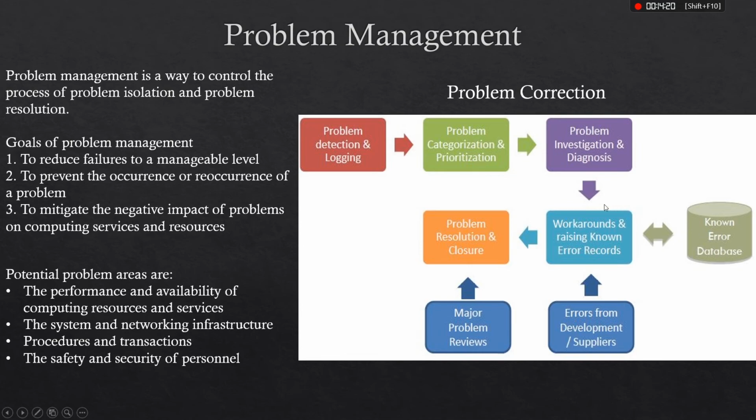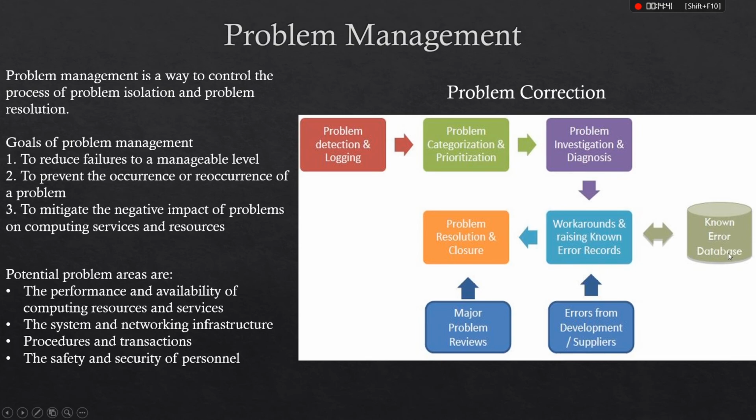So if the current problem is new and it's not in the KED, it's recorded there. If it's found in the KED, we can come up with a resolution and we can close the problem.